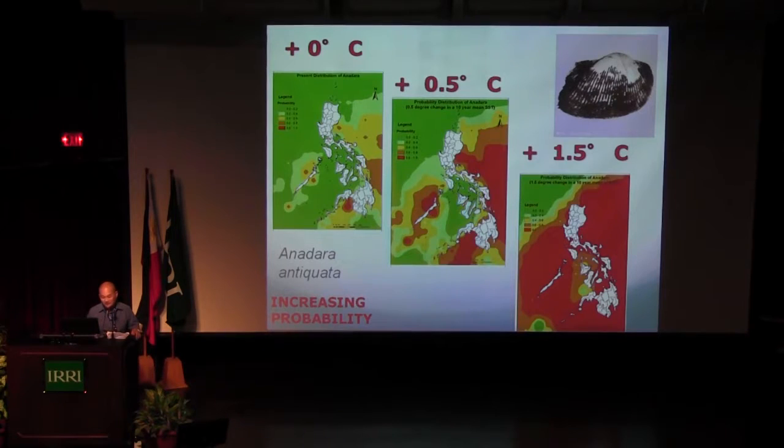A climate envelope, I think we did research on this, in which we have to predict at certain climate scenarios where the cockle or the anadara, in the Filipino national language, it's called batotoy, where will it be found if the temperature increases?